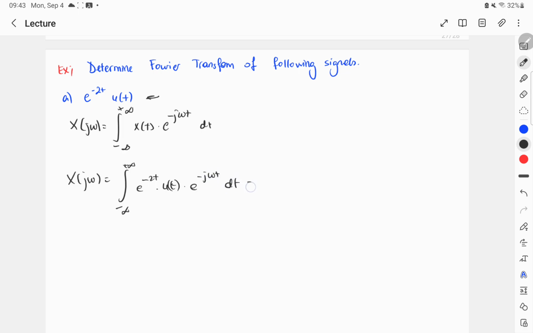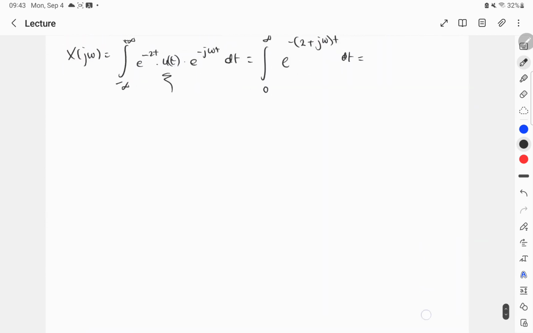this result. And then we need to, as always, make use of this step function, and we are going to integrate from 0 to infinity. We will take the integral, and let me take into parentheses all the stuff. And eventually let's integrate.